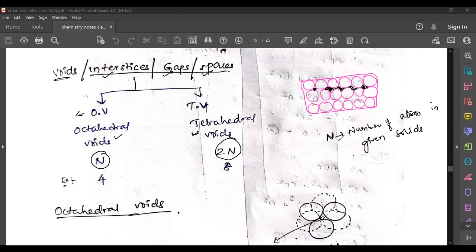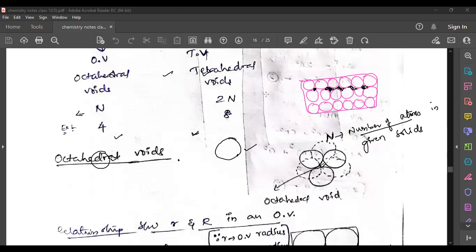If n number of atoms are there, how many octahedral voids will be formed? The same n number of octahedral voids will be formed. But if n number of atoms are there in the given solid, how many tetrahedral voids will be formed? Double the number, tetrahedral voids will be formed. Okay, that is 2n. Now we'll discuss first where the tetrahedral voids will be formed and where the octahedral voids will be formed.